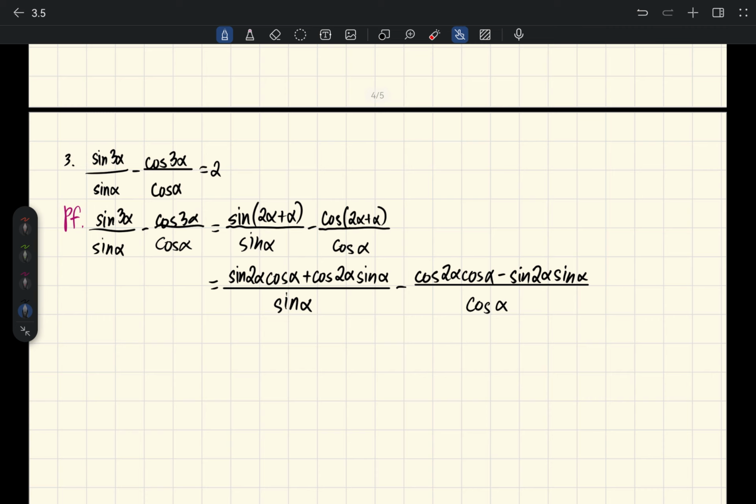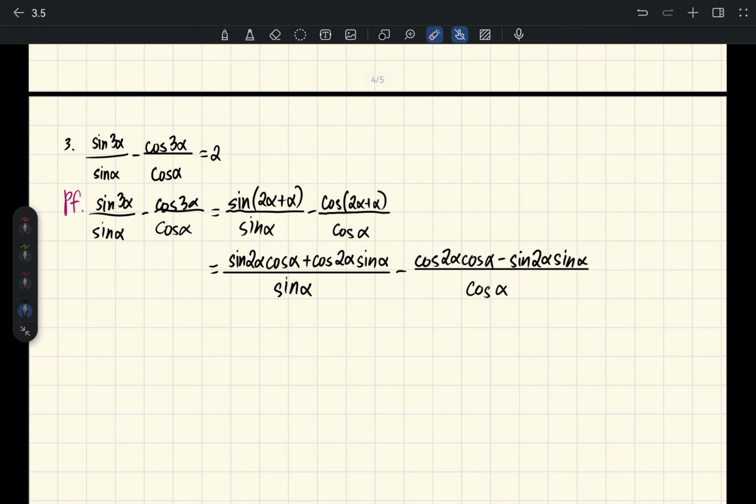Okay, what else can we do right now? Obviously, it's quite hard to use cosine of 2 alpha right now since we're nowhere near our conclusion. So just like our trick before, do not use cosine 2 alpha until the very end of your computation.